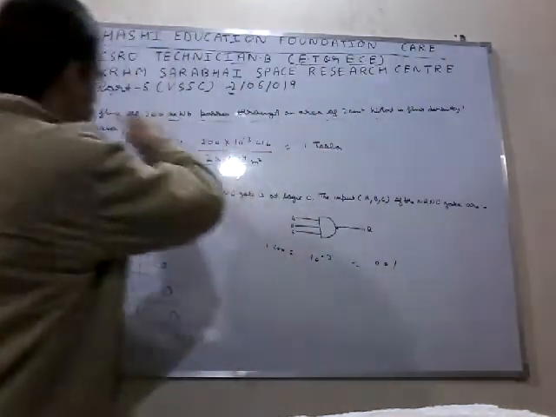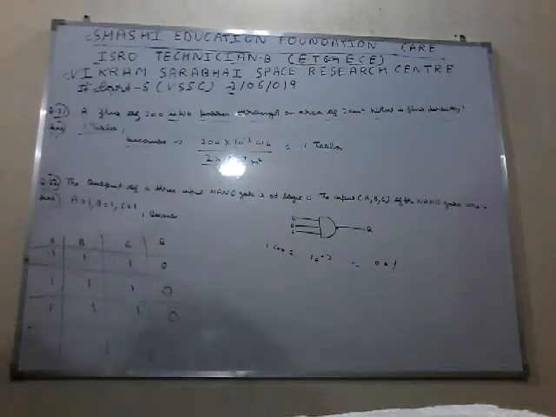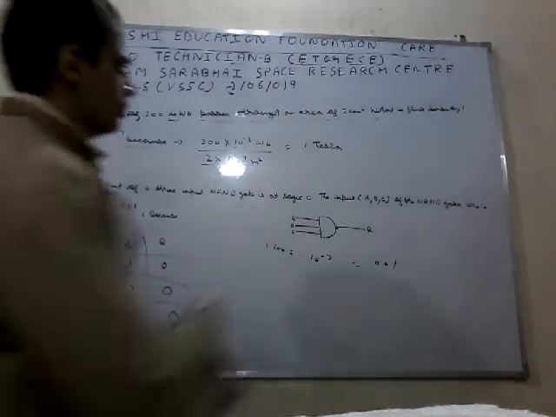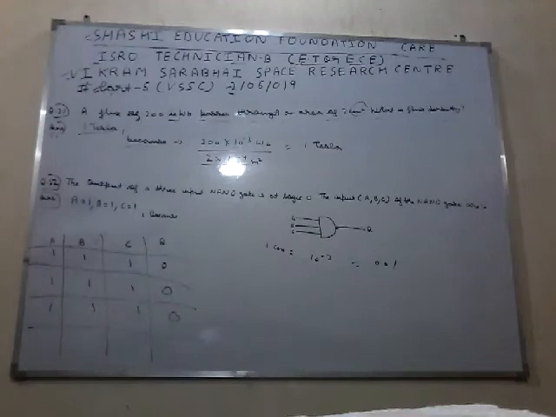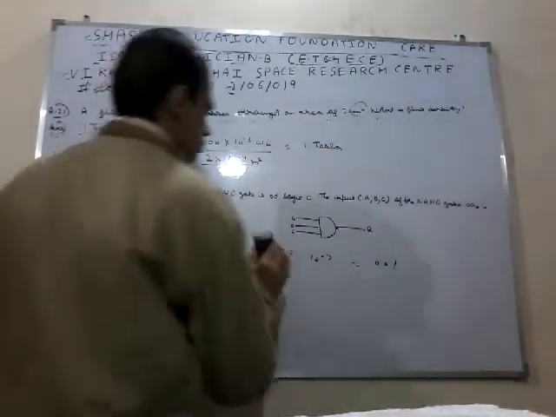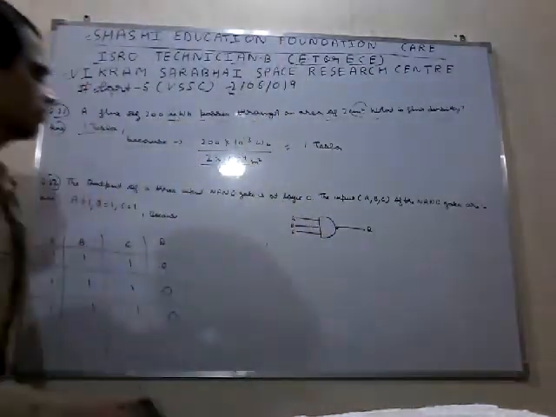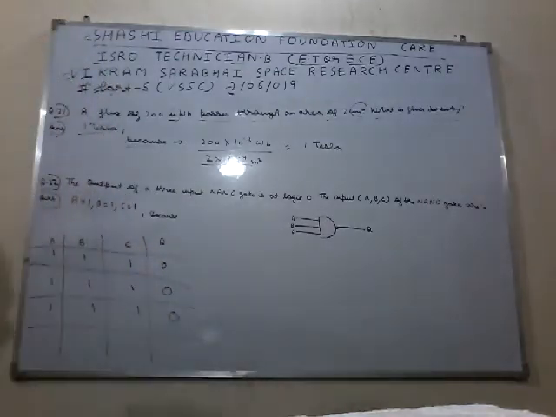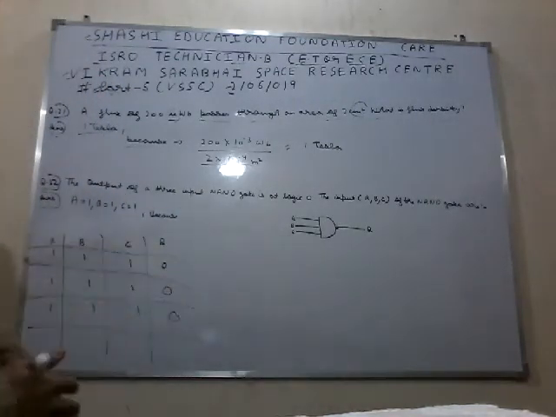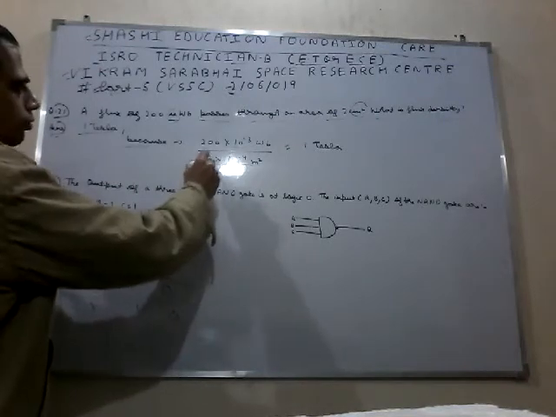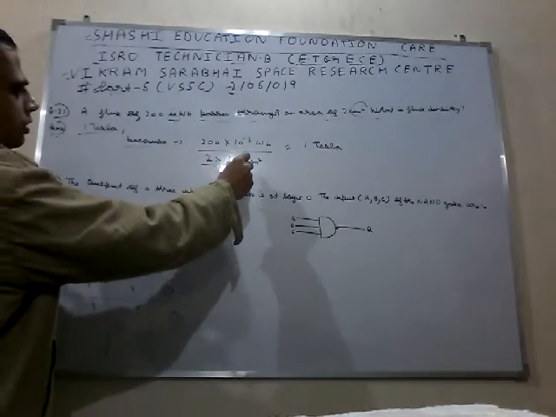So here, for 2 centimeter square, we wrote 10 to the power minus 4, and we put the meter square as it is, because we turn centimeter square into meter square. So we wrote 2 into 10 to the power minus 4 meter square.